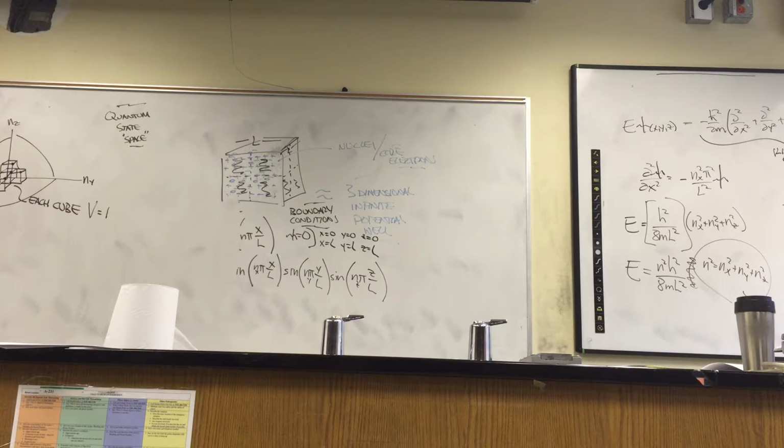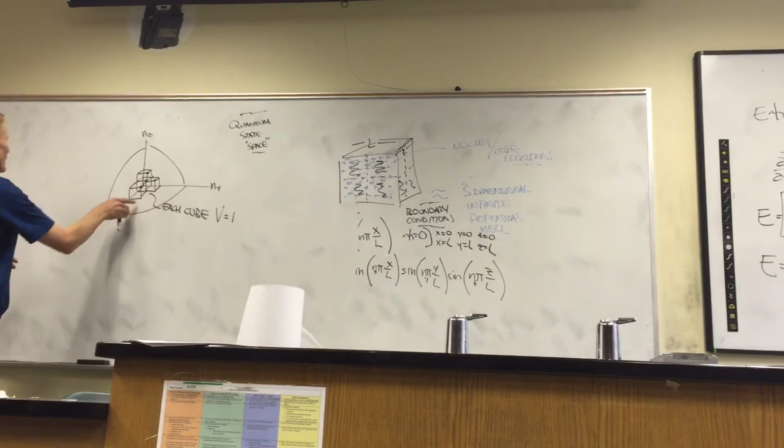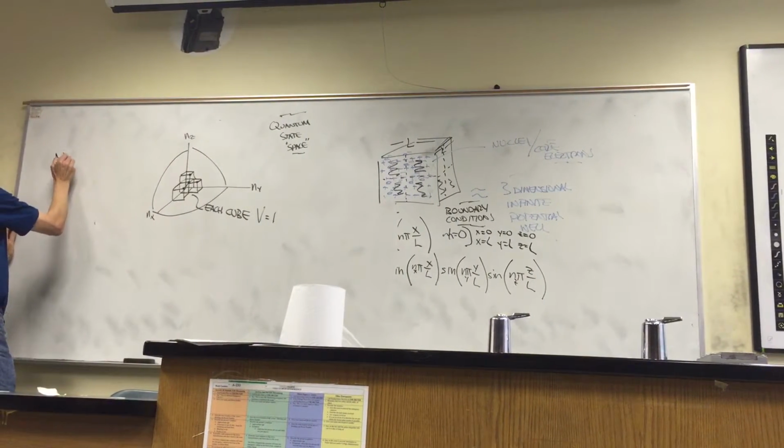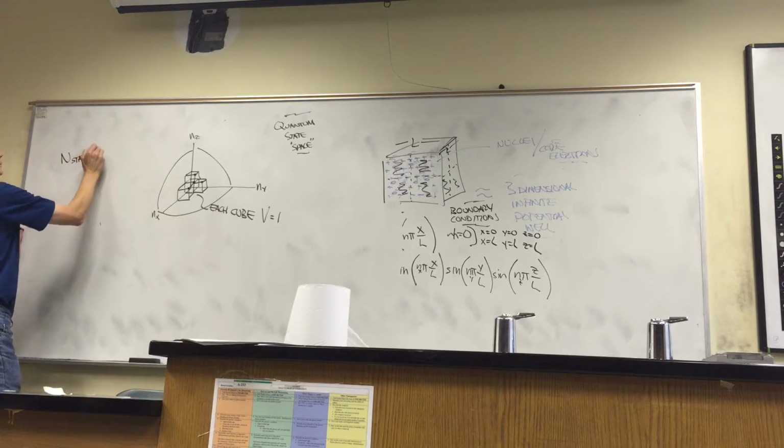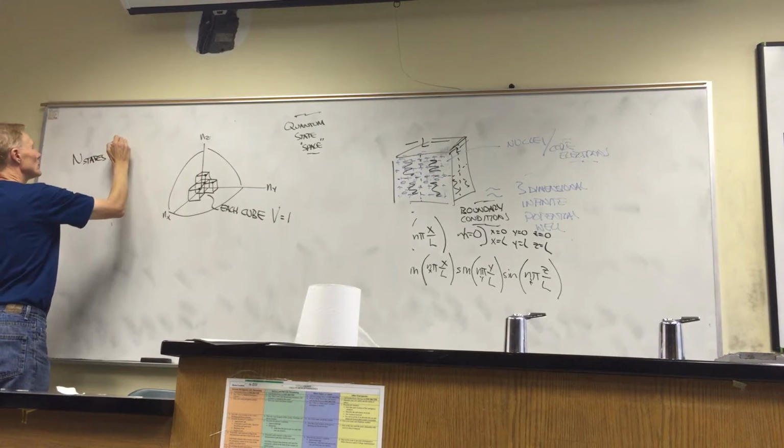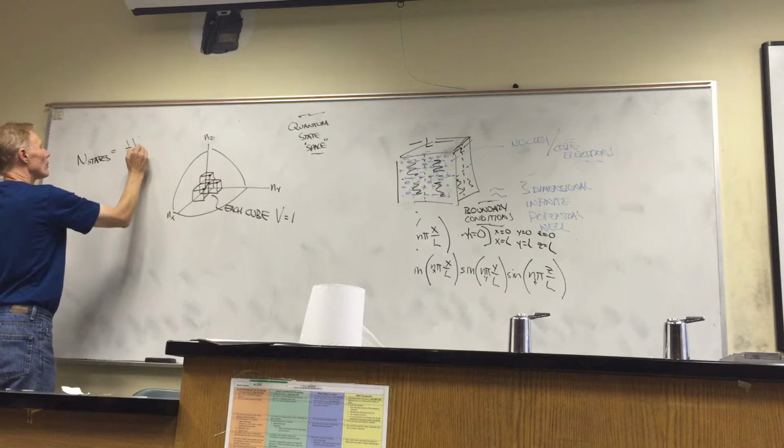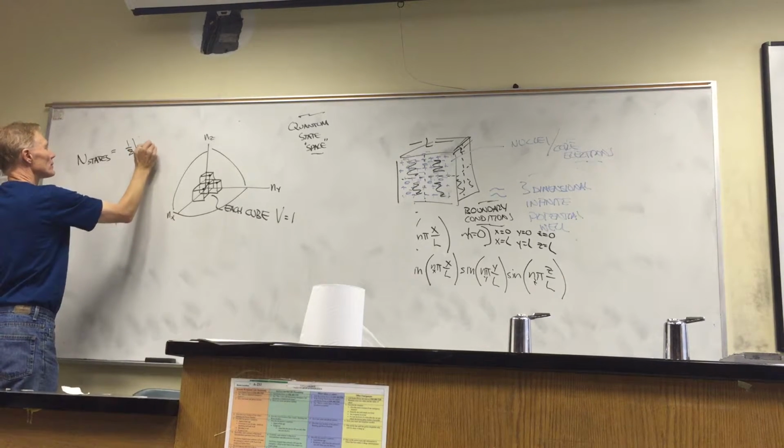Every time we move away from the origin, we're at a new layer of energies, and we move out to the next layer, and the next layer. So once I've filled in all these zillions of electrons, what we're going to have is a bunch of cubes that look sort of like an eighth of a sphere. And the number of states is going to be equal to 1/8 the volume of a sphere.